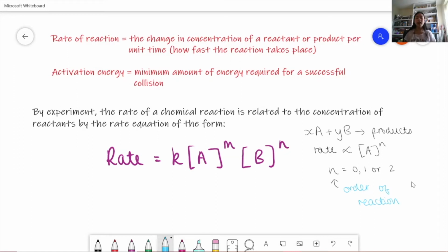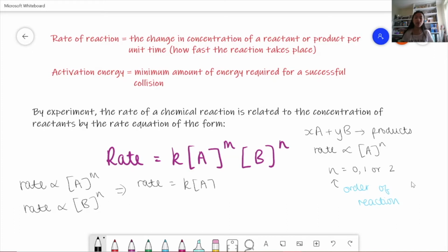And so because for this xA plus yB forms products, that's why this rate equation is like this, because if we have the rate is directly proportional to the concentration of A to the power of, let's say, m, and we also have that rate is directly proportional to the concentration of B to the power of n, then that means we have that the rate is equal to k times this concentration of A to the power of m, and k becomes a rate constant.